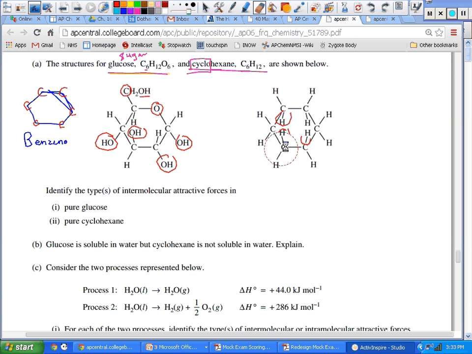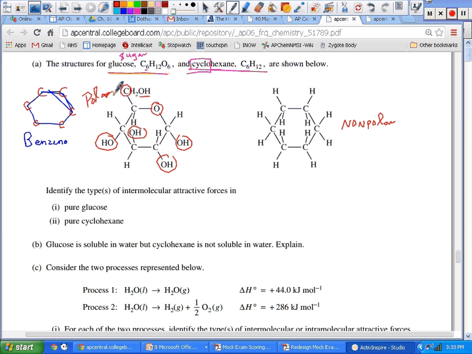It's pretty much nothing but what? C's and H's. So it's pretty balanced, right? So in terms of polarity, what do you think this thing would be? Very good. It's nonpolar. Okay. Now what do you think about this other thing? It's definitely polar. With all those oxygens involved, this molecule is most definitely polar.